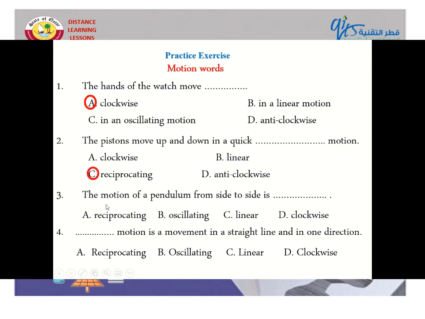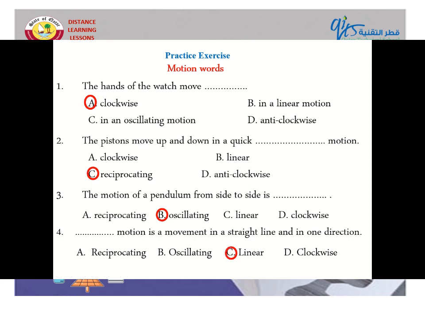Number 3, the motion of a pendulum from side to side is oscillating motion. Number 4, motion in a straight line and in one direction. Movement in a straight line and in one direction is linear motion.